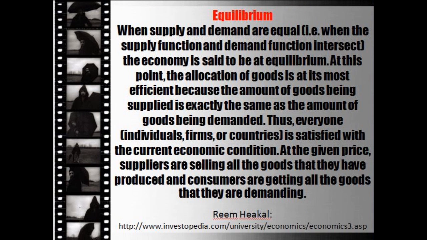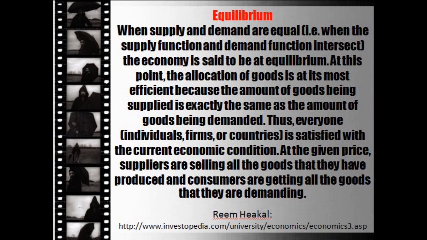For equilibrium, when supply and demand are equal, for example, when the supply function and demand function intersect, the economy is said to be at equilibrium. At this point, the allocation of goods is at its most efficient because the amount of goods being supplied is exactly the same as the amount of goods being demanded.